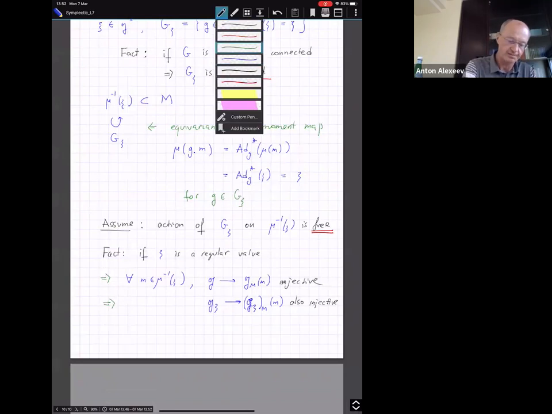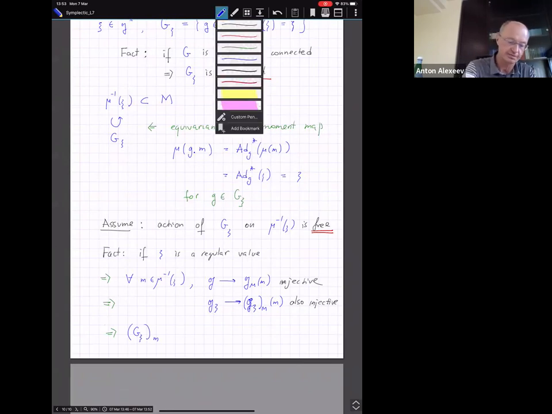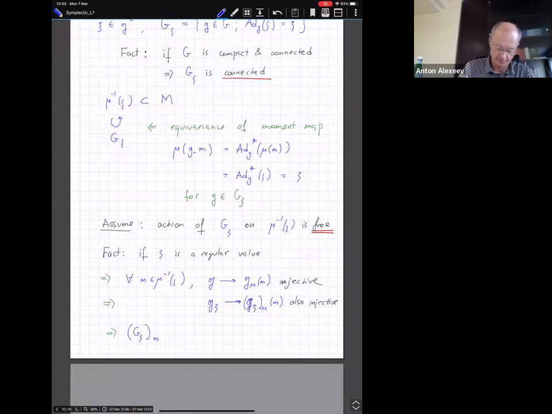And this means that the stabilizer subgroup, the things which are fixing psi and in addition are fixing M, is discrete.